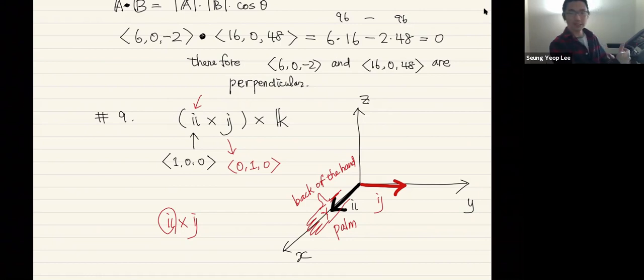The palm is facing the other vector, J. So you can place your right hand such that the fingers point toward the first vector I, and the palm is facing the other vector J. Then your thumb is going upwards, to the Z direction. That's the direction of I cross J. Does it make sense?